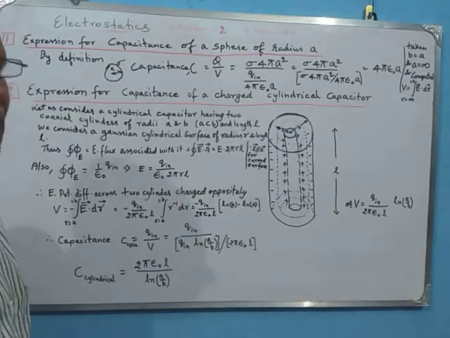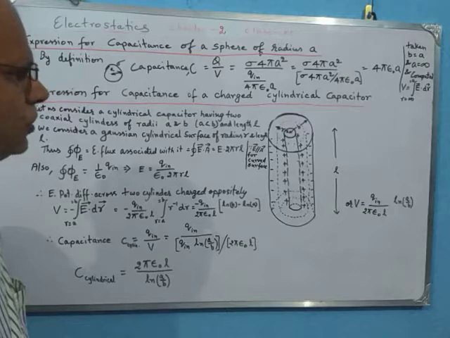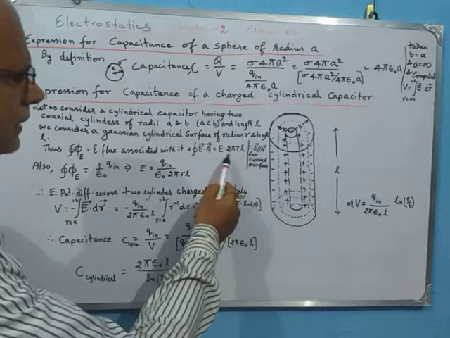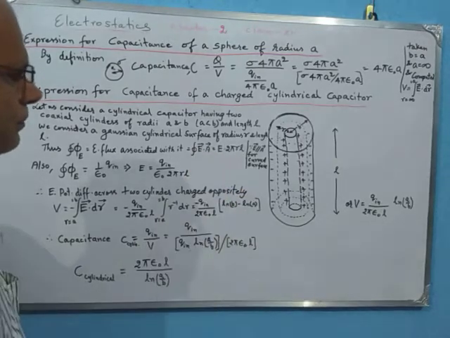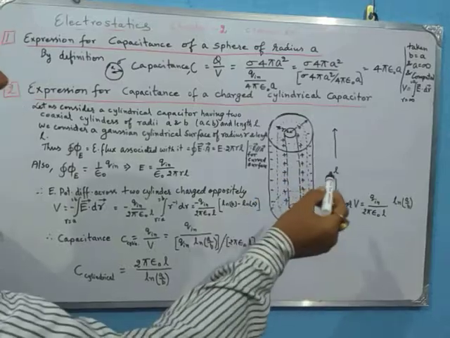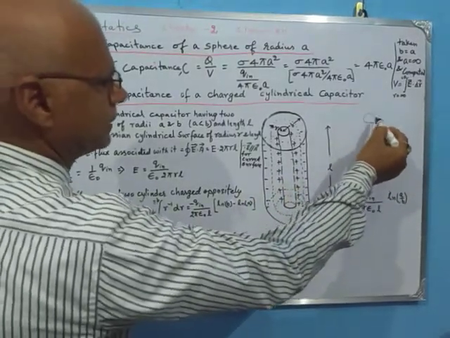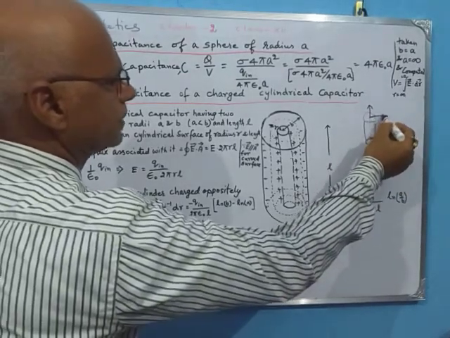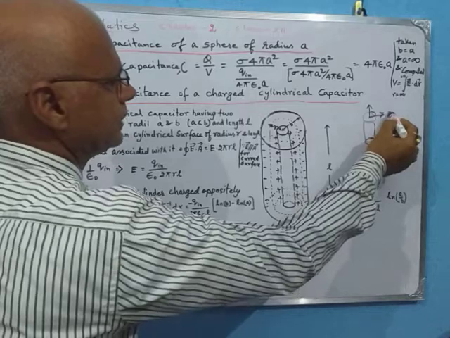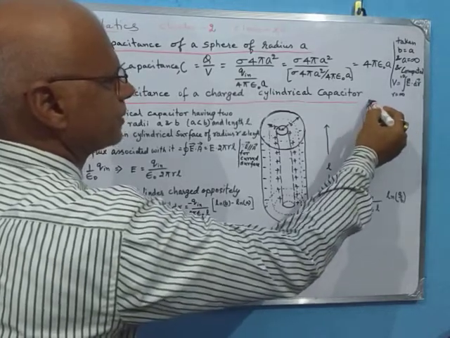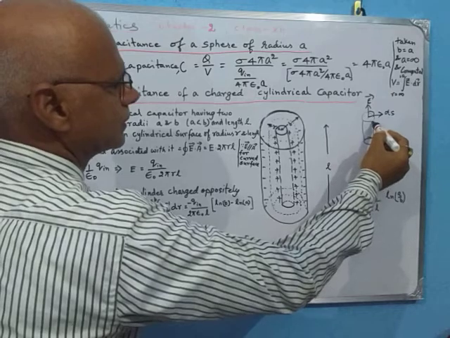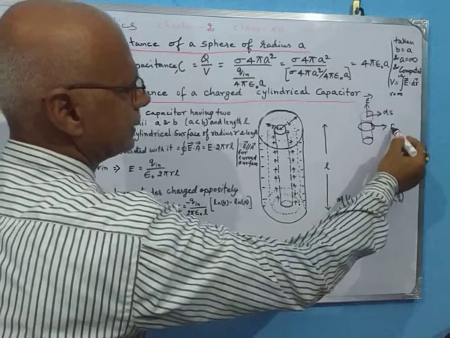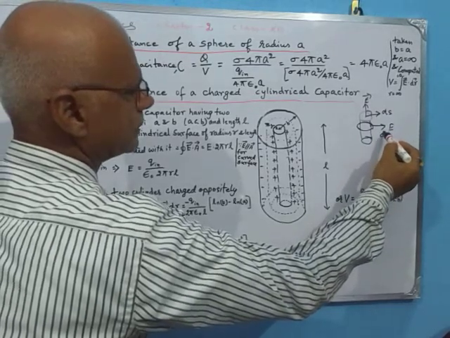Now we know that electric flux is defined by E dot dA. We take the electric field as constant over the surface, so we get E dot 2 pi r L. Here for the cylindrical surface, the electric field at the flat surfaces is at 90 degrees to the area vector, and for the curved surface the electric field and area vector are both along the same direction.